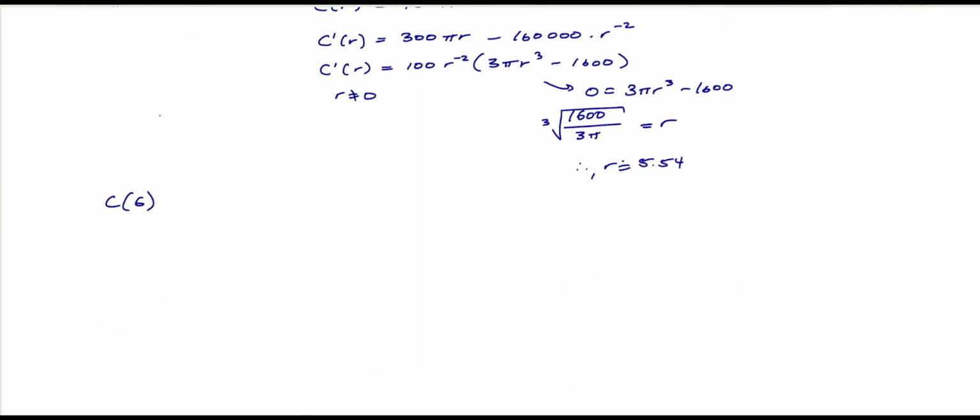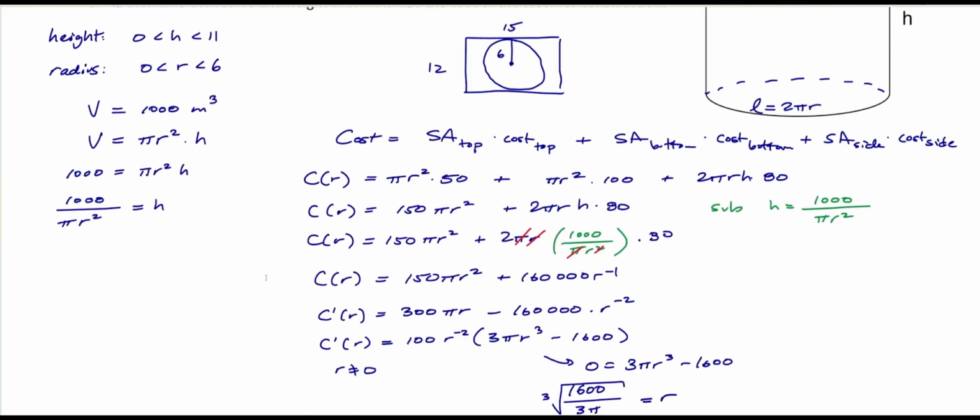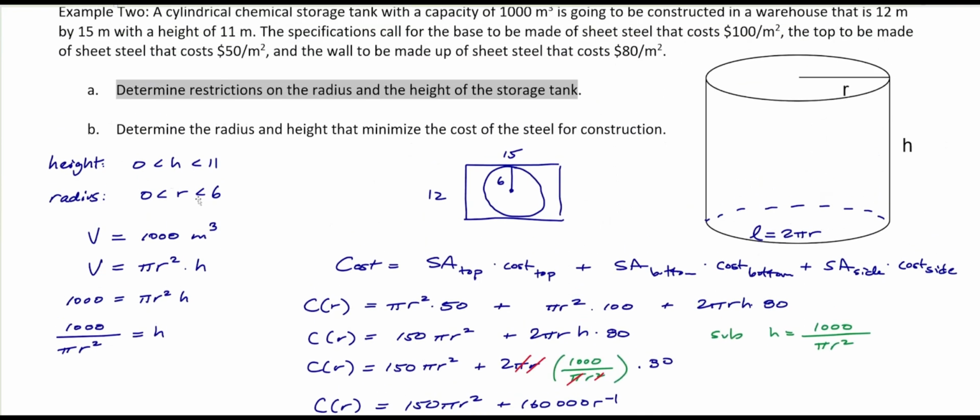What that means in the context of this problem is that if the radius is in fact equal to 6, this is really just built right up against the side of the wall. It's like it's touching the side of the warehouse wall. So let's evaluate it right at that extreme, 6.